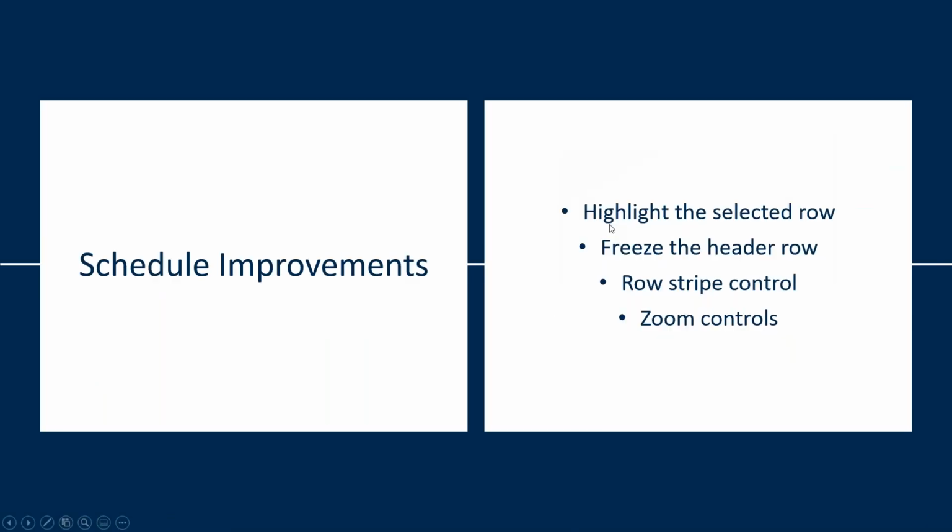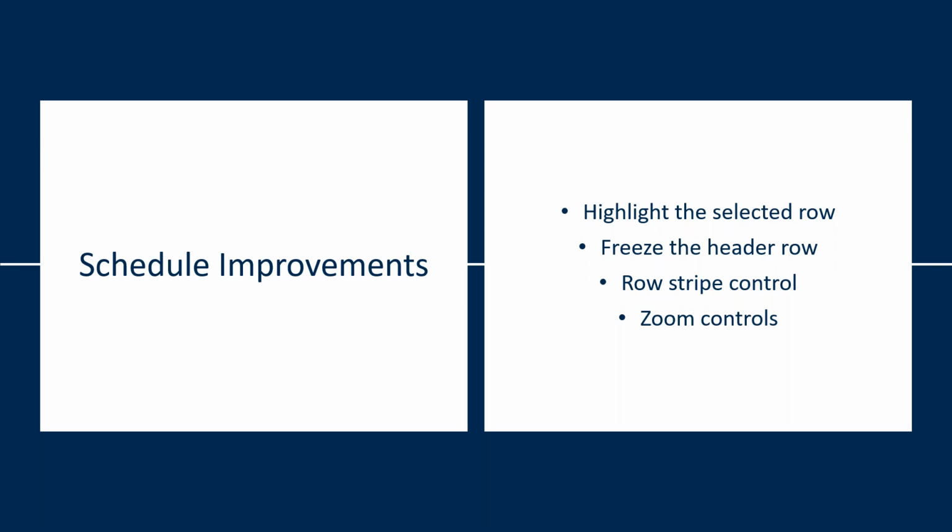All right, the next thing that we're going to have a look at is schedule improvements. Some of these are that you can highlight the selected row, and you can freeze the header, so that if you have a very long schedule, you can actually see what line or column you're in, even if you're halfway down, which before in Revit was a problem, which they have definitely sorted out now, and it's super easy to use.